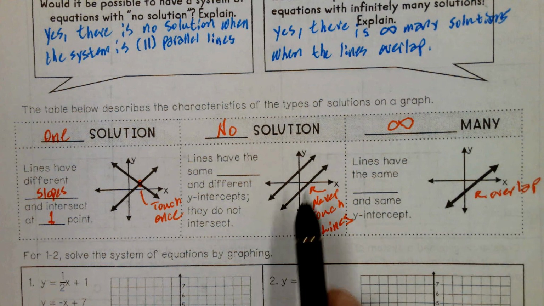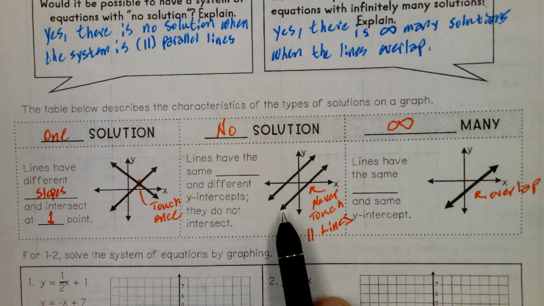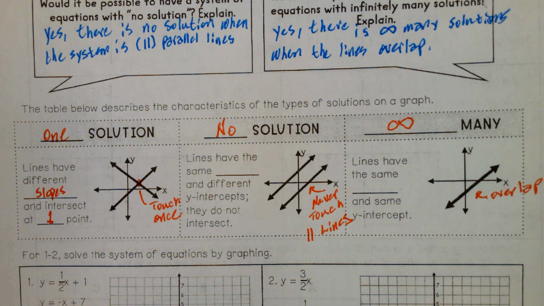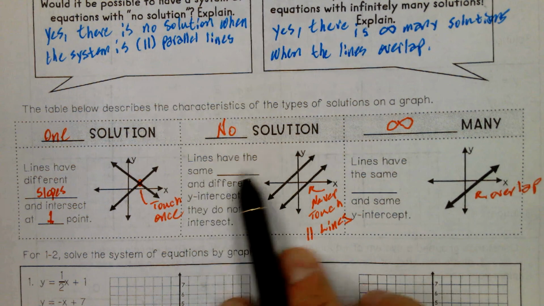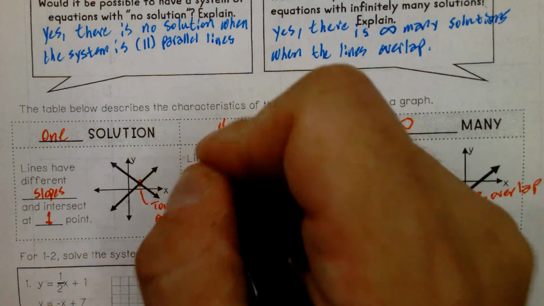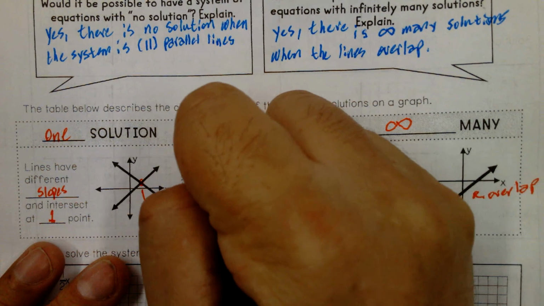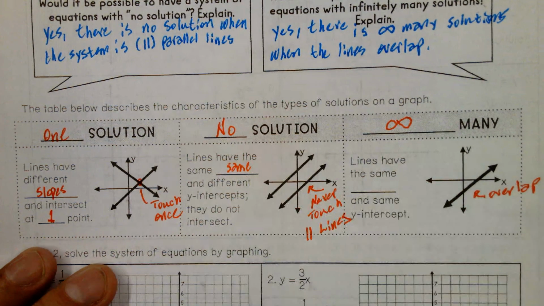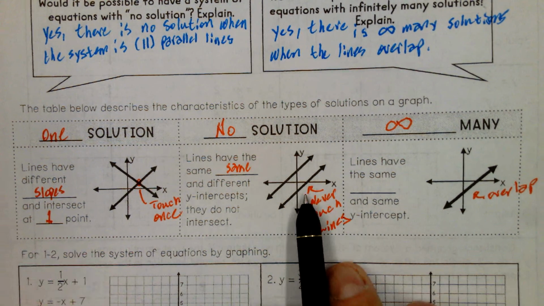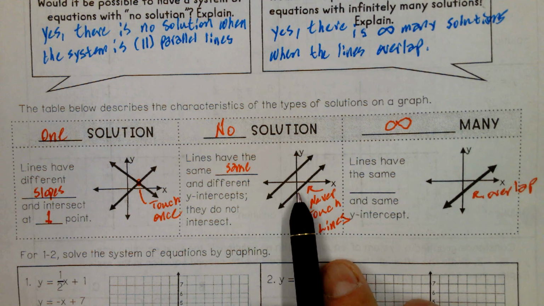Now, in order to have parallel lines, what do you think the slopes have to be? They have to be the same. For no solution, the lines have the same slope. So the slopes have to be the same and different y-intercepts. How do I know they're different?